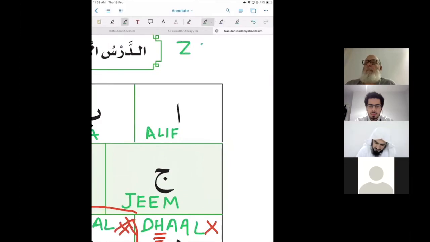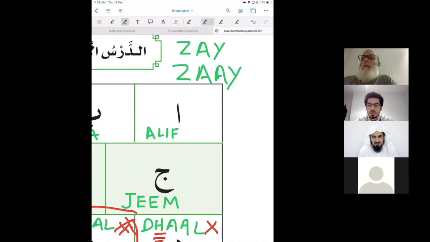Is there a difference between this and this? The difference? I think longer. The longer, yeah, I agree. Zai, not zay. Yes. So both of you, we want zai, not zay.